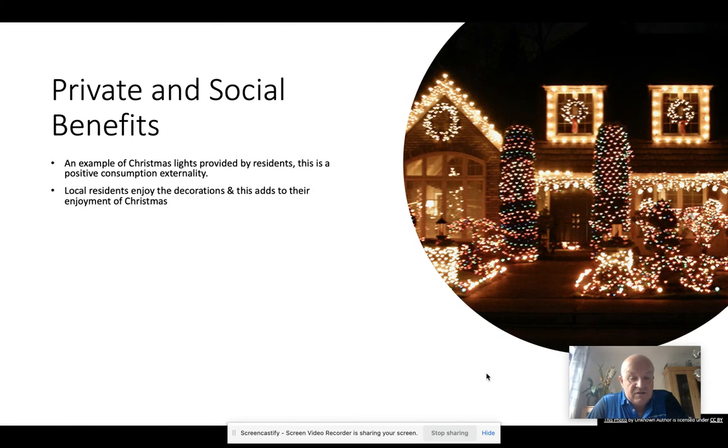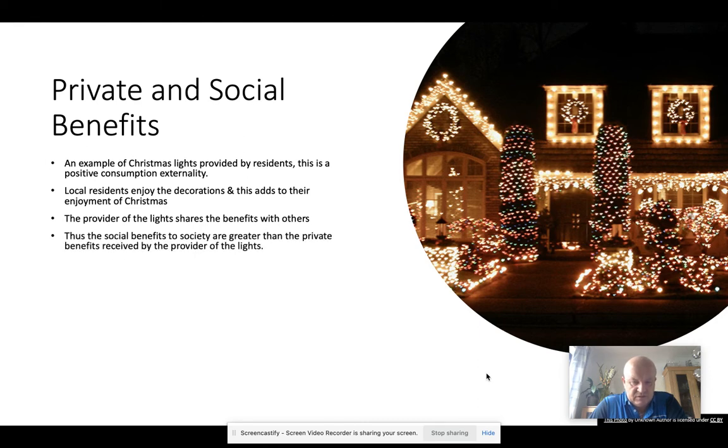So the local residents are going to enjoy the decorations, and this adds to their enjoyment of Christmas. So the provider of the lights is essentially sharing the benefits with others. So much as he or she might get the benefit of their house looking pretty and people commenting positively, it also gives some positive externalities to some of the local residents, okay?